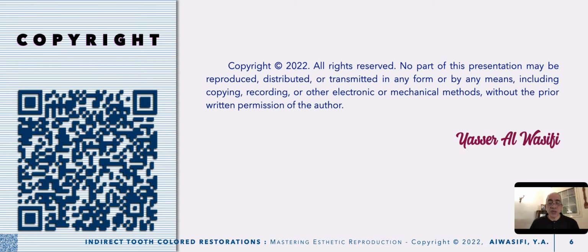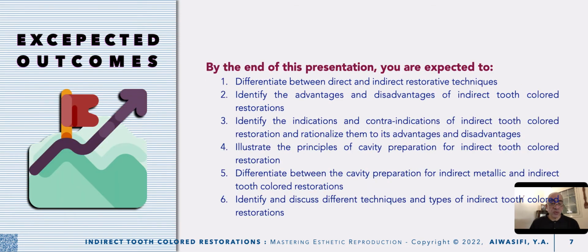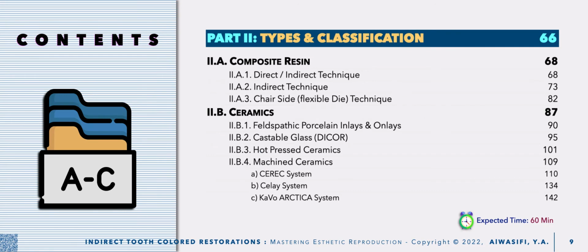We are expecting to continue our identification and discussion about different techniques and types of indirect tooth colored restorations. Already we classified them into two categories: one according to the type of material, one of composite resin and the other from ceramics.